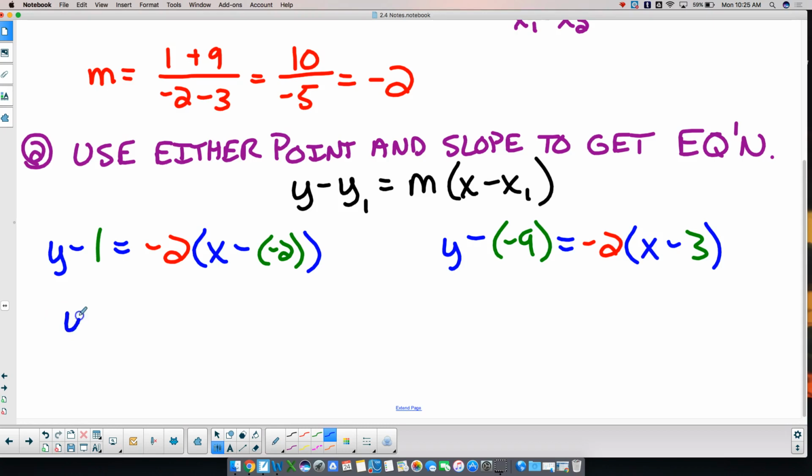Distributing negative 2, y minus 1 equals negative 2x. Really, this is plus 2 times negative 2 is minus 4. So then that would become y equals negative 2x minus 3.